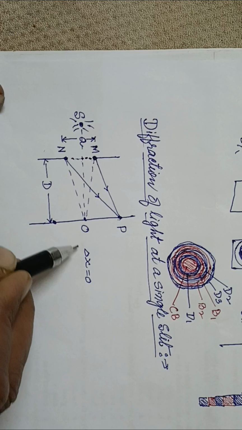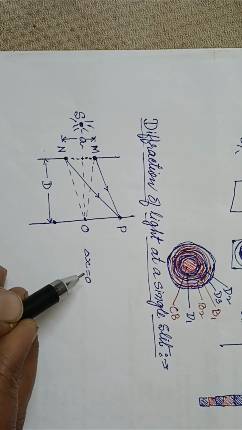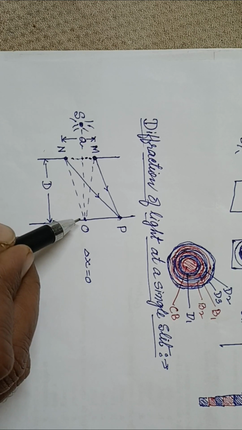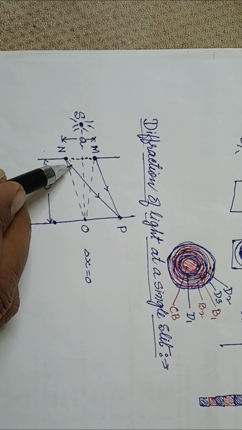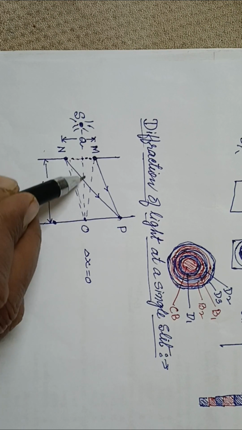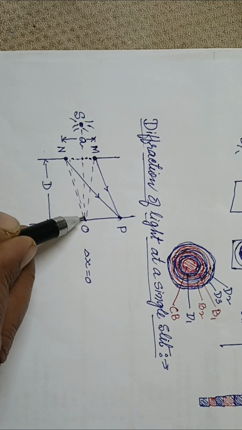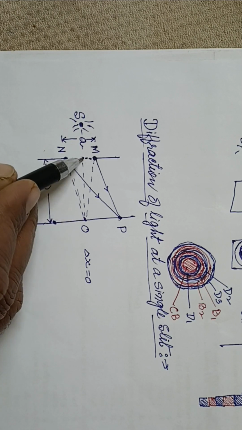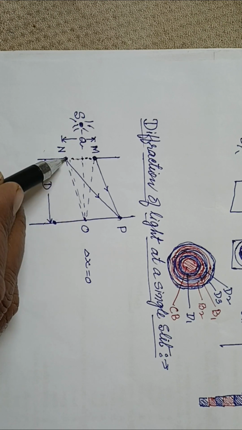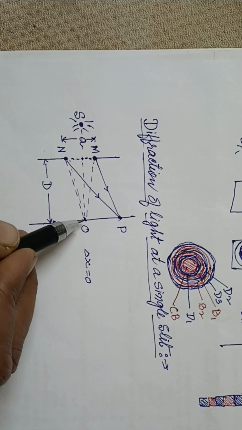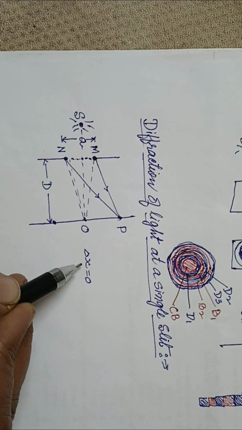And as you know, when the path difference delta x is 0, you will get the bright fringe. Like that, from the other points also, these secondary wavelets from these waves are coming and reaching over here. The path difference is 0.